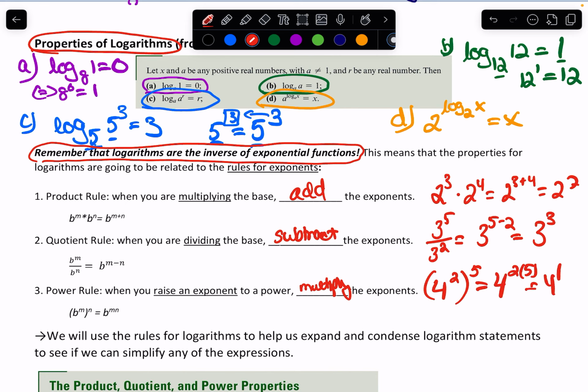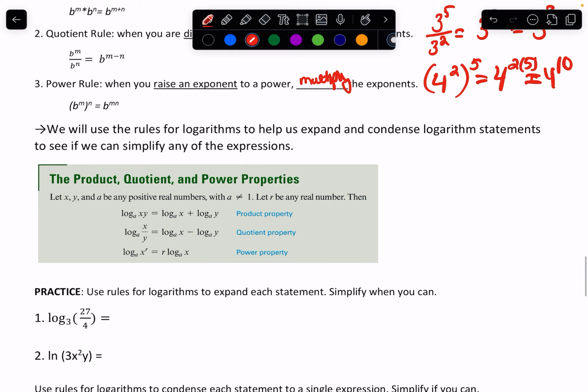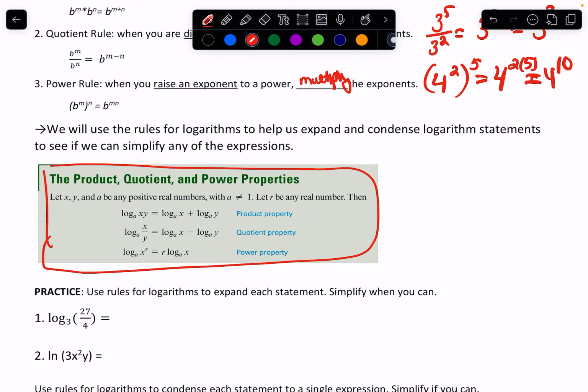So we will use the rules for logs to help us expand and condense log statements to see if we can simplify any of the expressions. So the product, quotient, and power properties right here. Again, a cannot equal 1 and r is any real number. Our product property says that if we have x times y as the argument, we can write it with two separate logs.